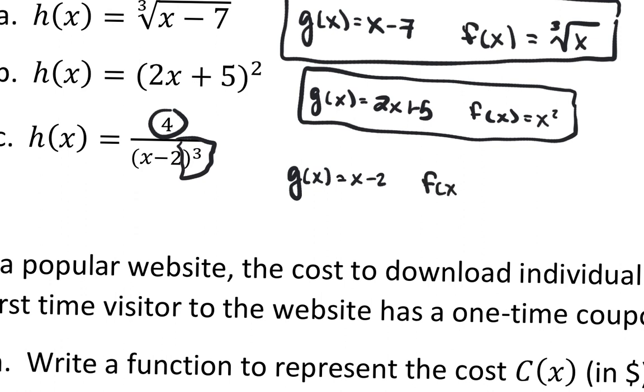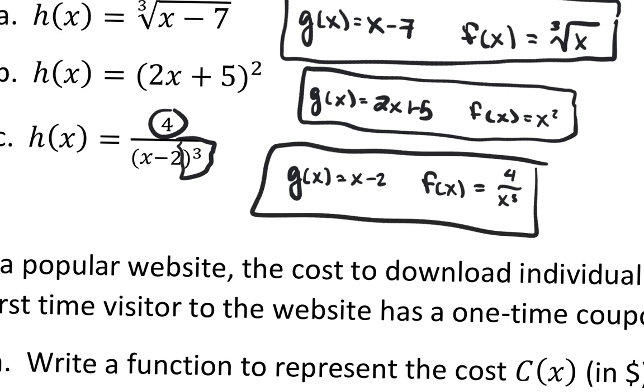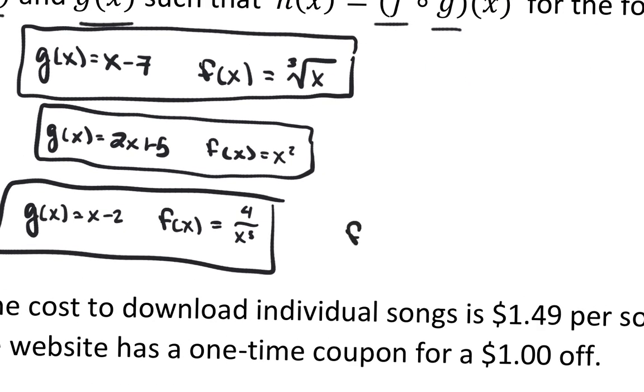So f of x is 4 over x cubed. Now to find f of g of x, just go ahead and plug this in for x, and that would be 4 over x minus 2 quantity cubed. There we go.